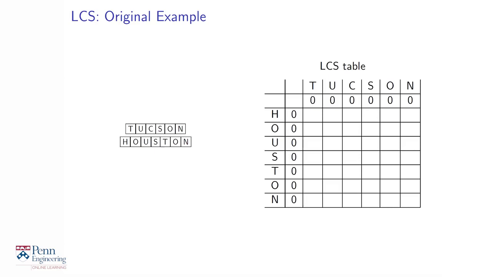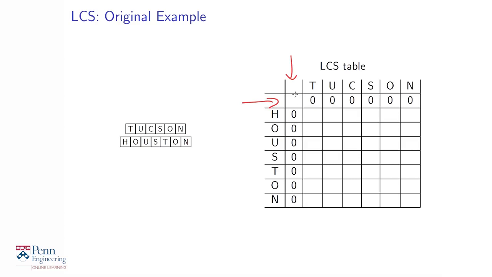So I've set up the table here, and as I said in the algorithm, we can initialize the table to say that the longest common subsequence between the empty prefix of Houston, that's the top row here, and any prefix of Tucson is of length 0, because there's no symbol in the empty subsequence, and so obviously you cannot find a common subsequence with any symbols in it. Similarly, you can take the empty prefix of Tucson and compute its longest common subsequence with any prefix of Houston, and the answer is also 0.